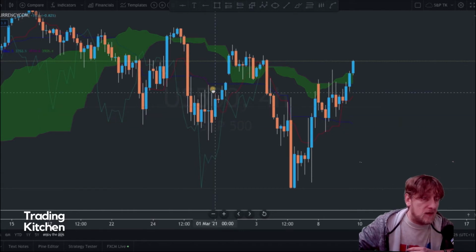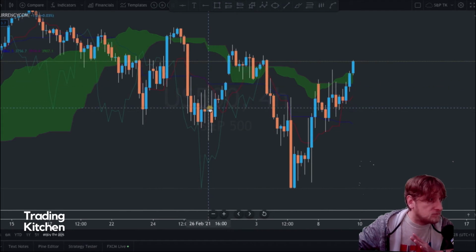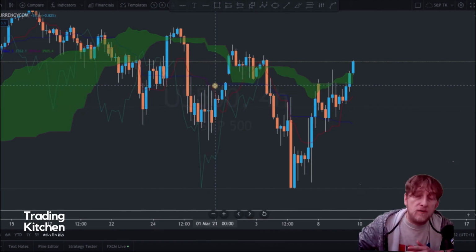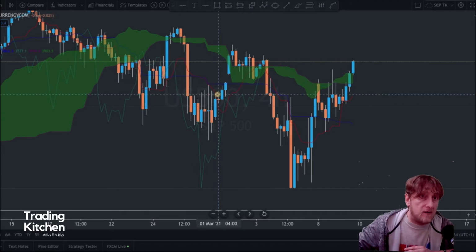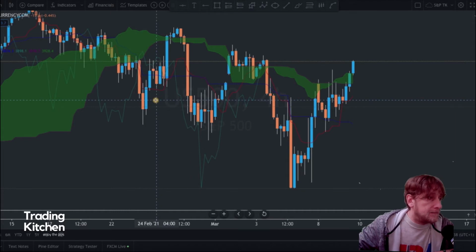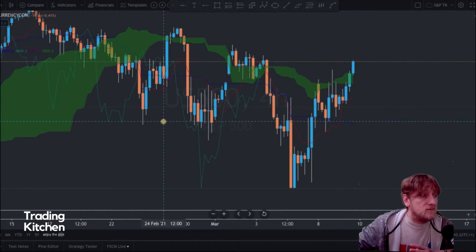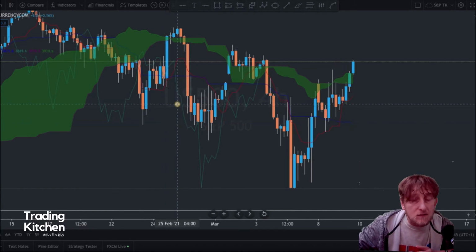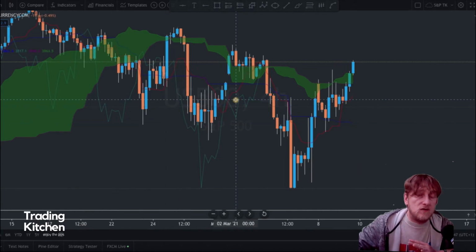The blue line is the baseline. It moves much slower than the conversion line, obviously. The baseline is also known as a confirmation level and serves as a signal for support and resistance.